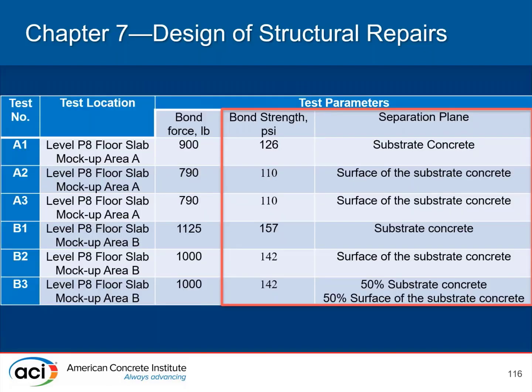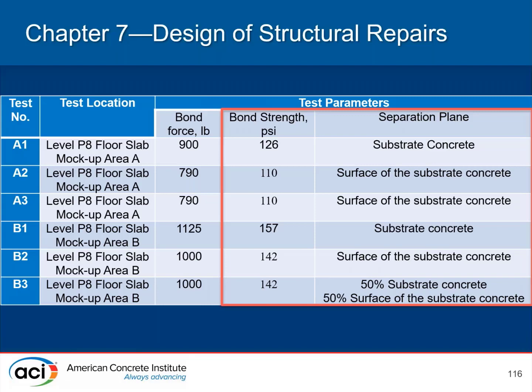These are some results, and the critical part of these results, I don't think it's important for us to look at on the left the test locations or the test numbers or even the bond forces. What we're really looking for is the bond strengths and the separation planes.